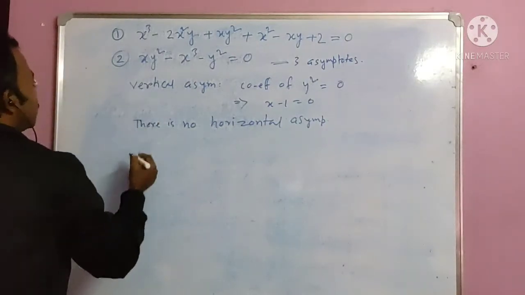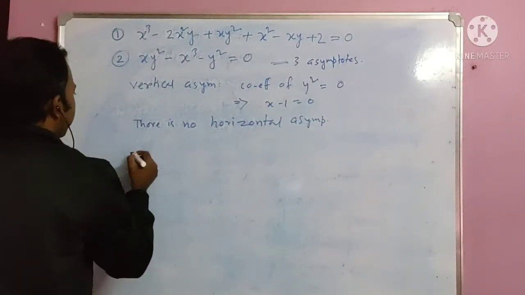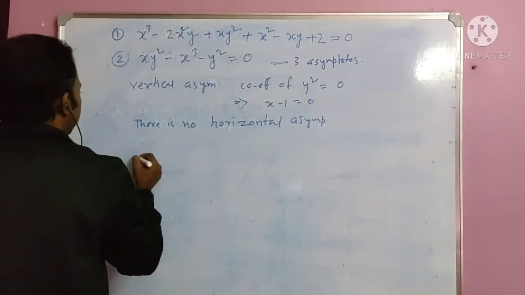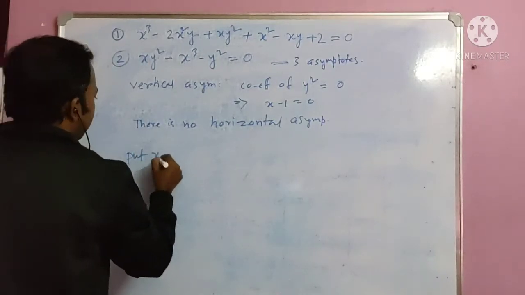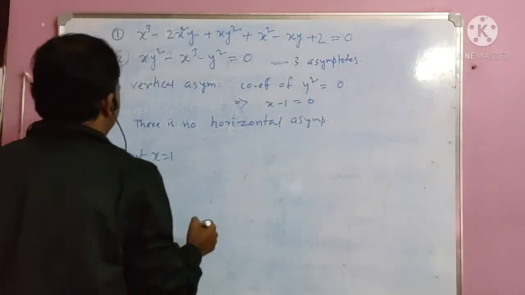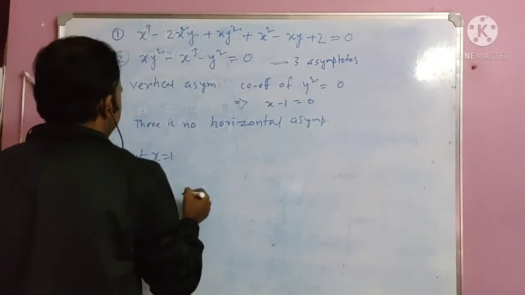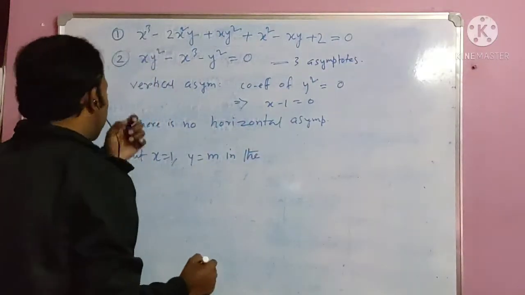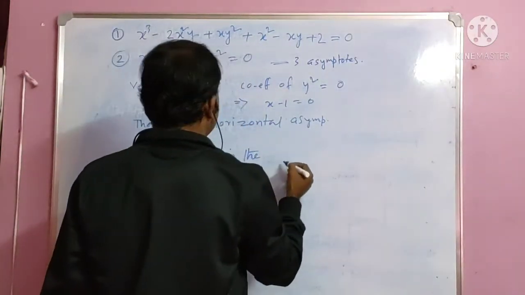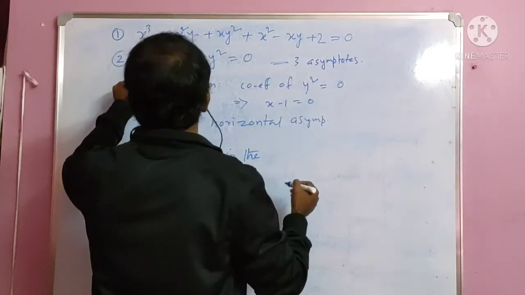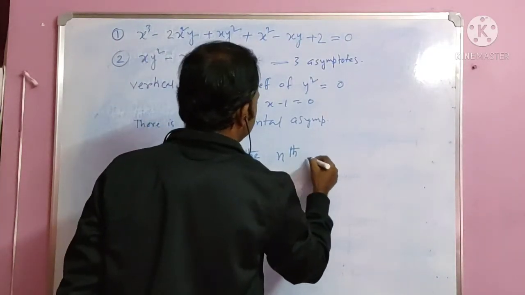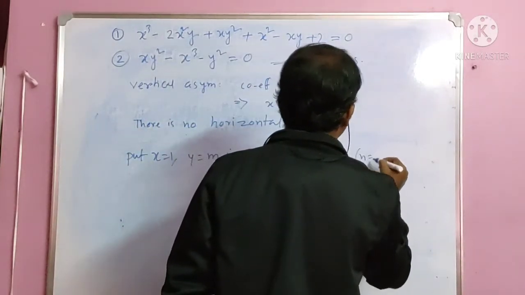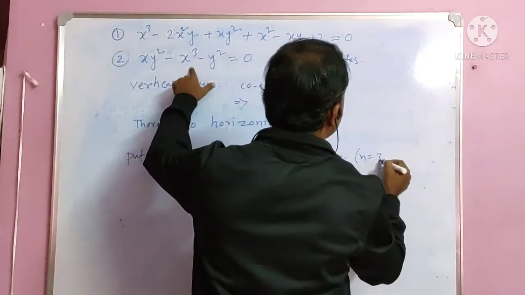Now, put x equals to 1, y equals to m in the nth degree terms. Here n equals to 3, 2.